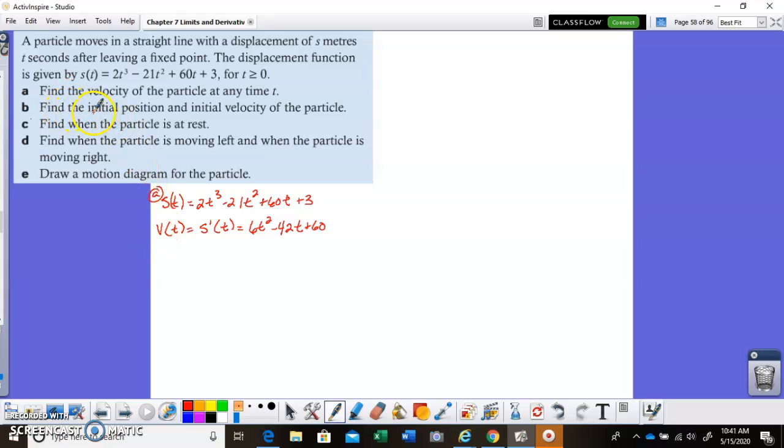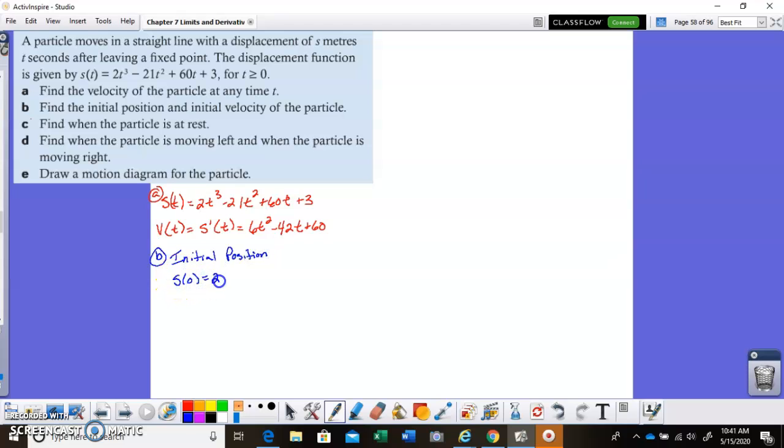Part B says find the initial position, the initial velocity. So for the initial position, we're going to use the displacement function, and we're going to substitute in 0. So initial position is where s of 0 is.